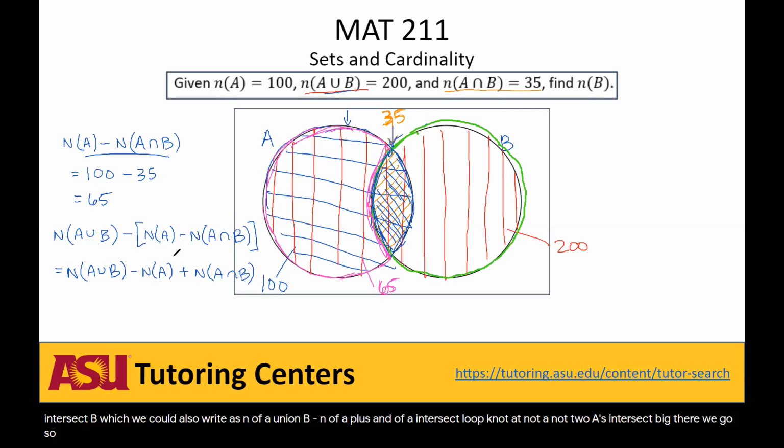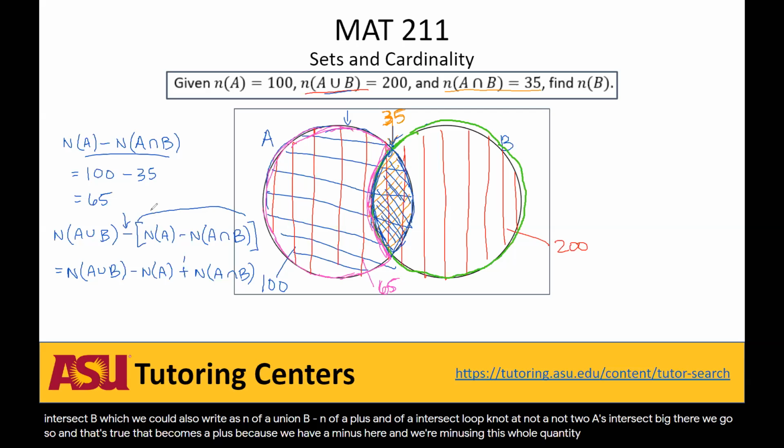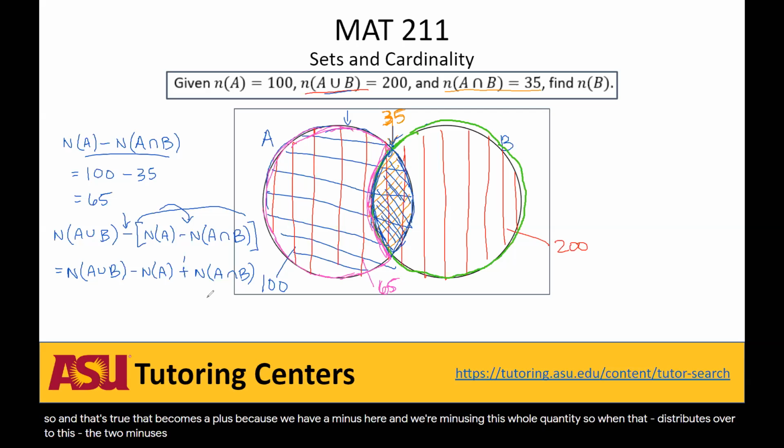And that becomes a plus because we have a minus here and we're minusing this whole quantity. So when that minus distributes over to this minus, the two minuses cancel out. So we get a plus again.